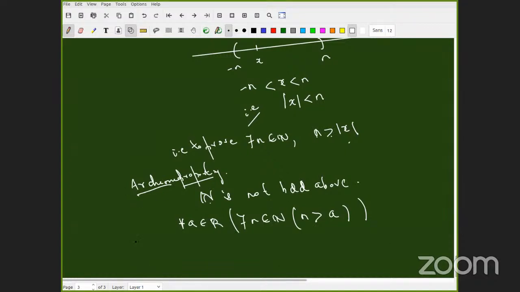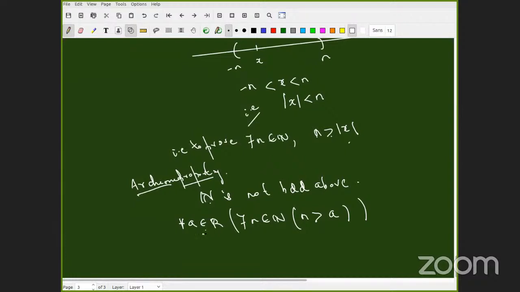Okay, what A have we used now? Can you capture quickly? Of course, we are overshooting time. See, this is the Archimedean property, right? N is not bounded above.